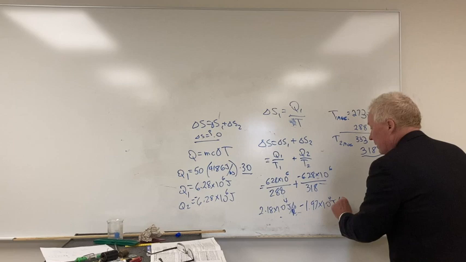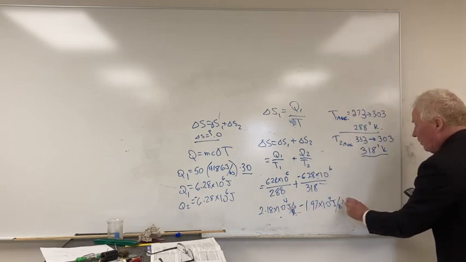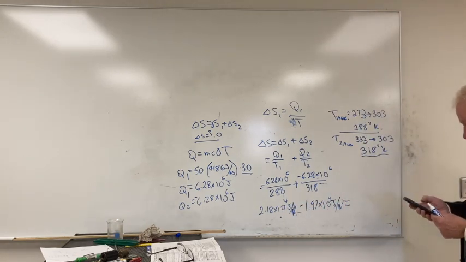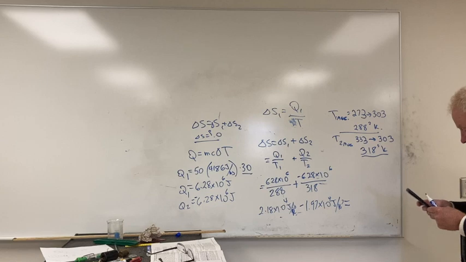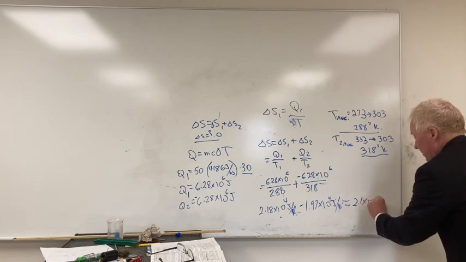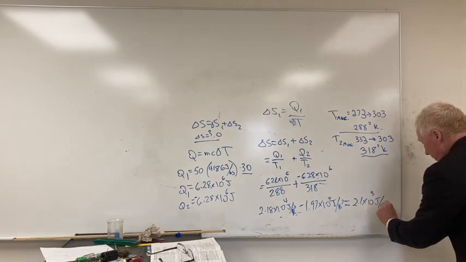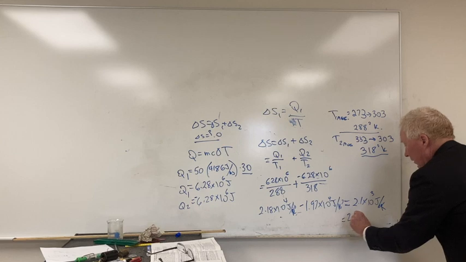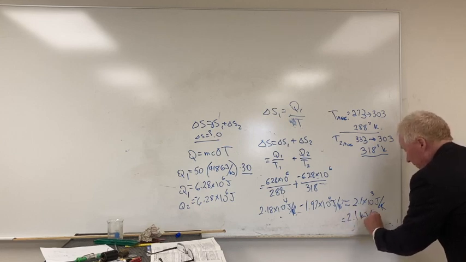And we see that this is bigger, so the total entropy for this system is 2.1 times 10 to the 3rd joules per degree Kelvin, or 2.1 kilojoules per degree Kelvin.